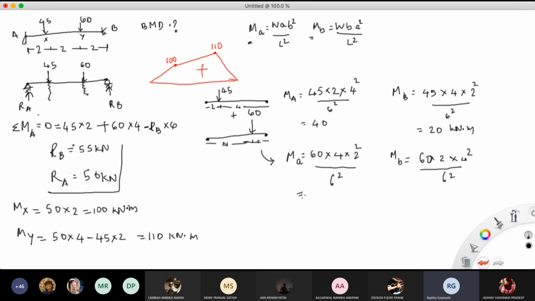So if I calculate this, I'll get 60 into 16 divided by 36, which is 26.67, and this one is 60 into 2 into 16 divided by 36, which is 53.33.